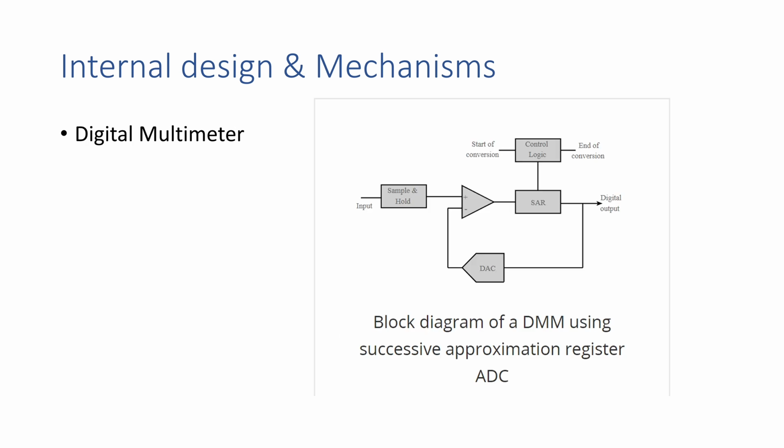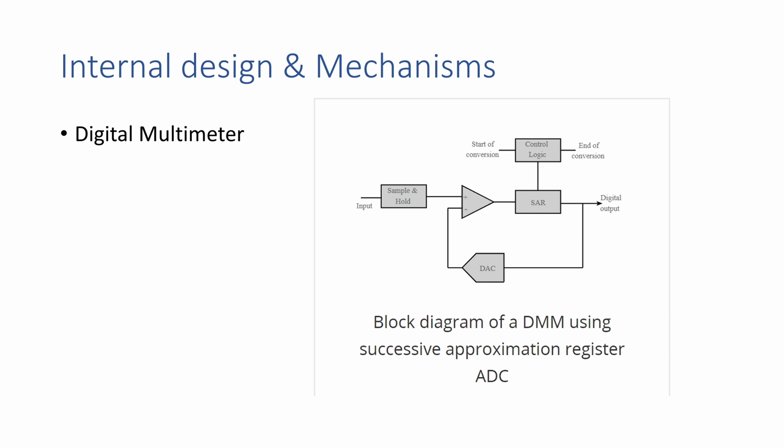And when using the digital multimeter, one of the key processes is to convert analog to digital. There are many forms of analog to digital converter, but the most widely used in digital multimeter, DMMs, is known as the successive approximation register, or SAR.